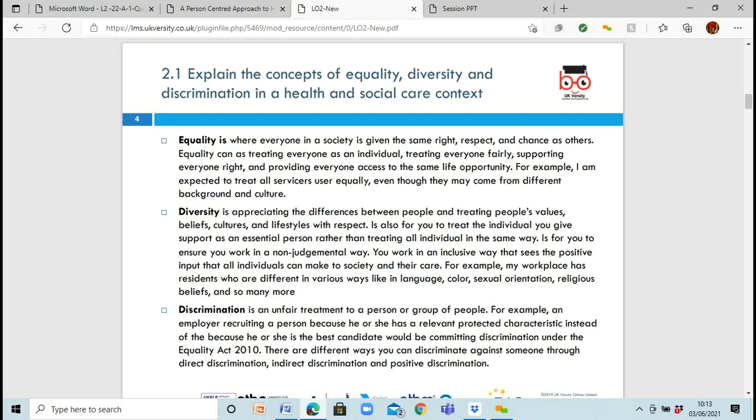And then what is the positive one? Positive discrimination is when you're favoring someone or a particular group of people rather than other people. You might say, for example, this group of students come in, they work really hard, they'll take less pay for me, and I know I'll get them to work on weekends for me.